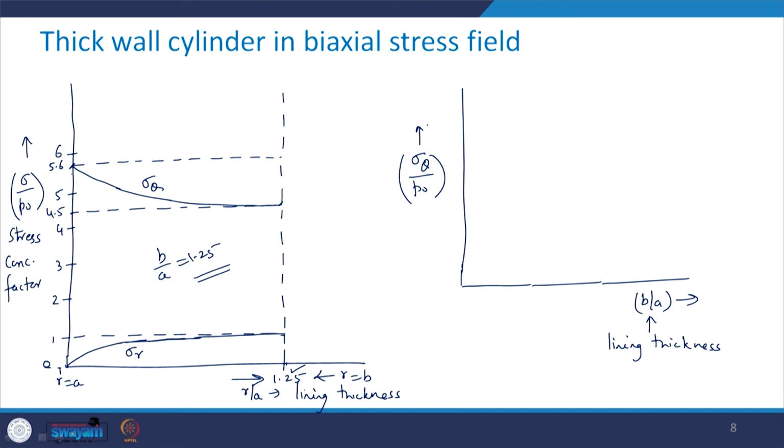So, I have here 1, 2, maybe this is say 3, this is 4, and here I have 5, and on this axis I have 1, 2, 3, 4, 5, 6 and 7, let us say. So, this is your 7.